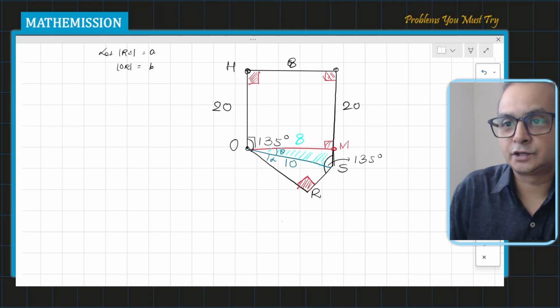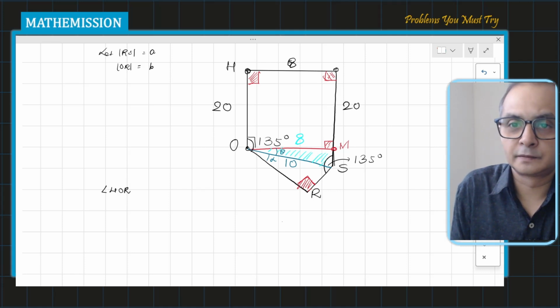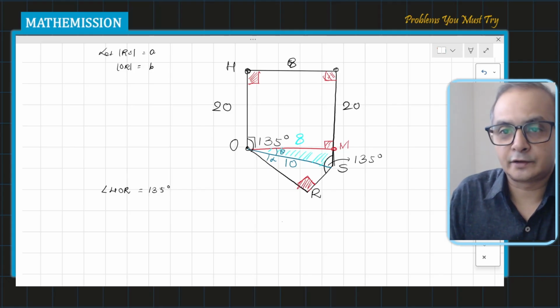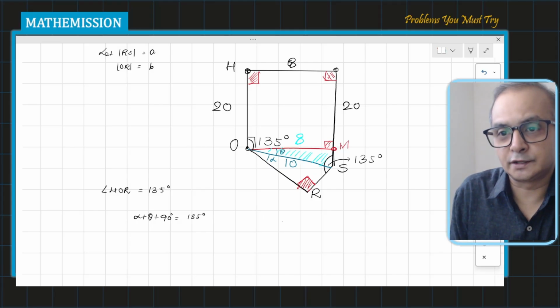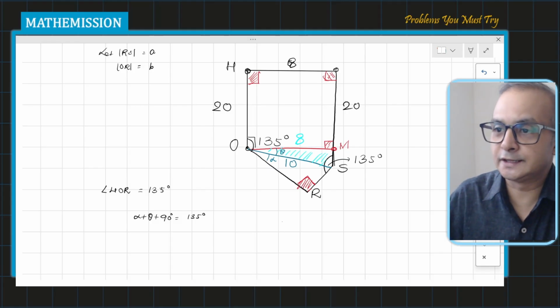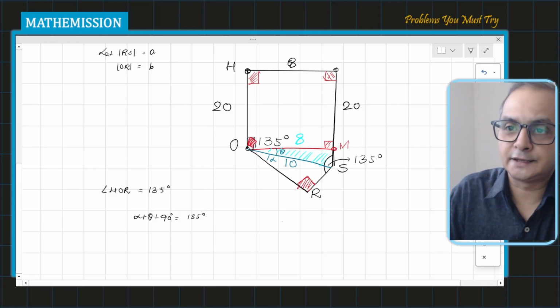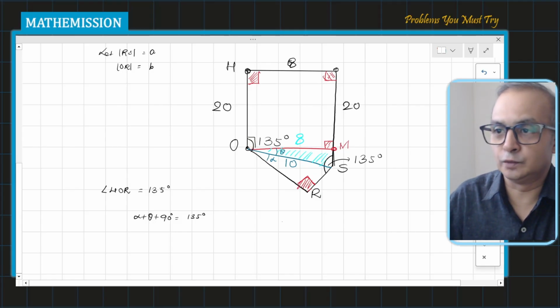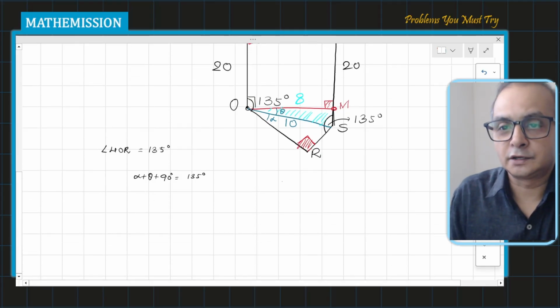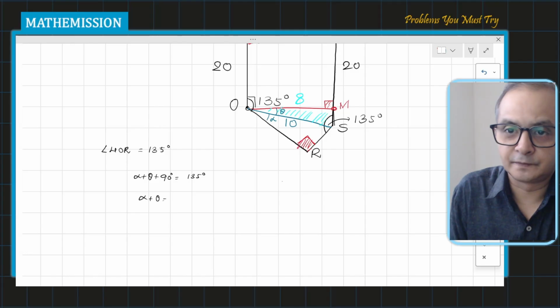You notice that the total angle HOR was 135 degrees. So I can write this as alpha plus theta plus 90 degrees is equal to 135 degrees, because this angle was 90, this is theta, and alpha we have assumed. So alpha plus theta is equal to 45 degrees.